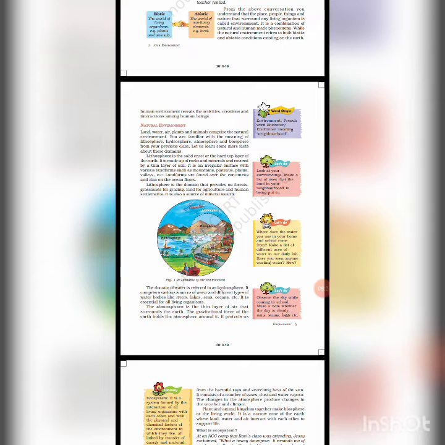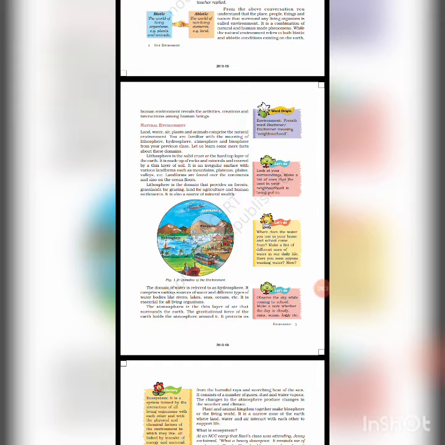The lithosphere is the solid portion of the earth where we live. It is the domain that provides us forests, grasslands for grazing, land for agriculture, and human settlement. It is where we find several minerals also.